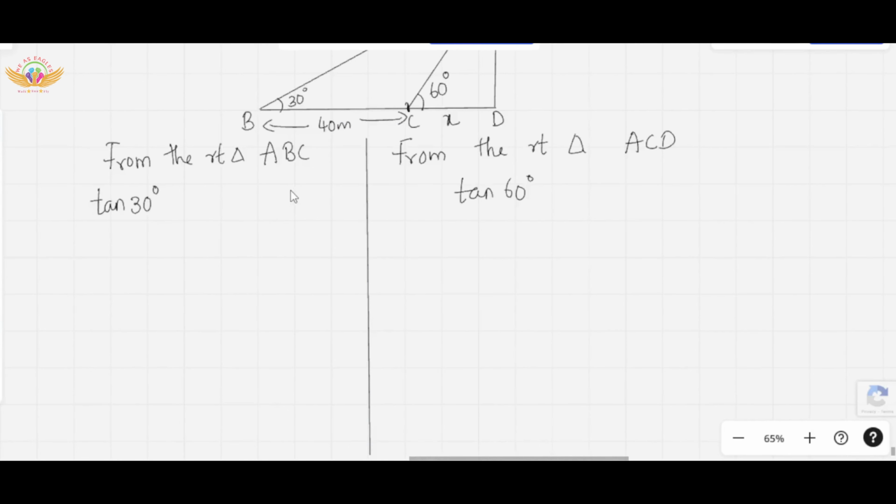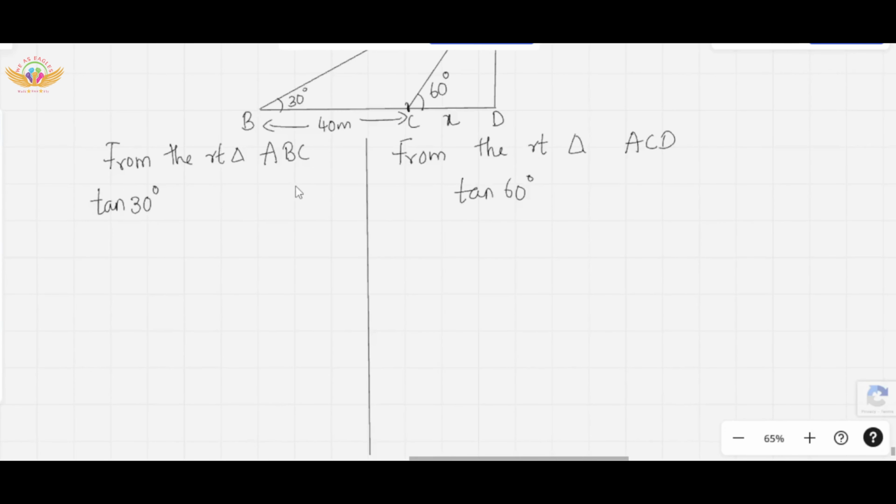So the opposite side will be common in both the triangles, where I can find it out easily. So depending upon the question and what you have to find out, you have to choose your trigonometric term. Tan 30 degrees is equal to, what is the opposite here? AD, by the adjacent, which is the entire ground, that is BD. And here tan 60 is equal to AD by only CD.